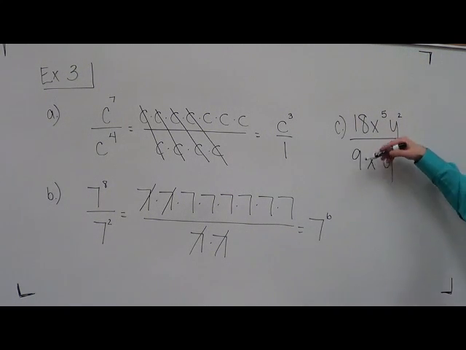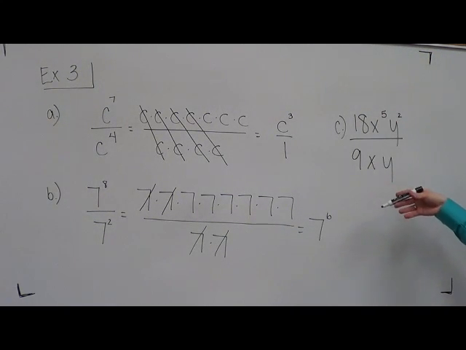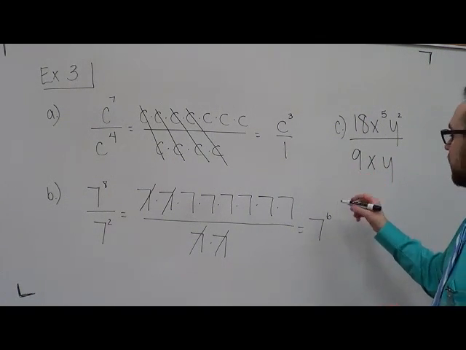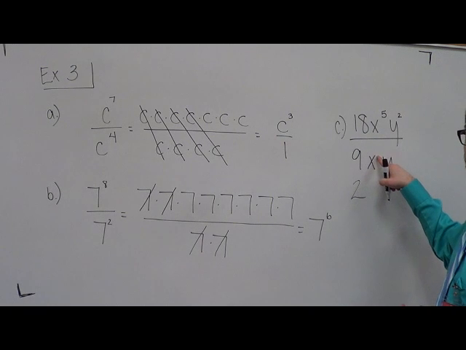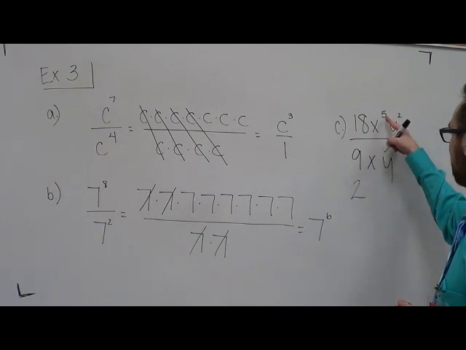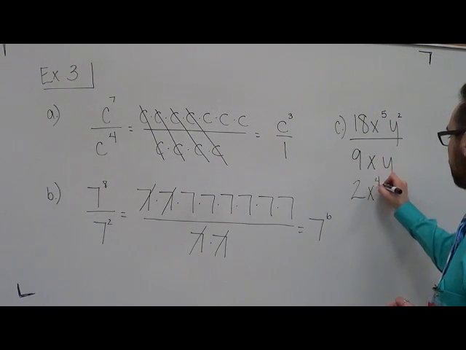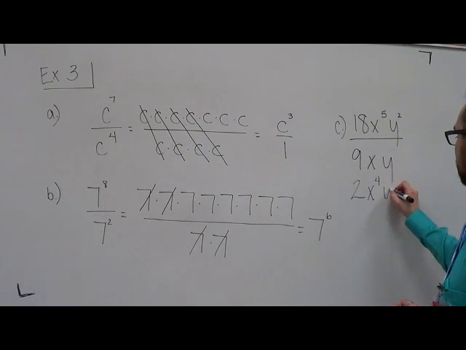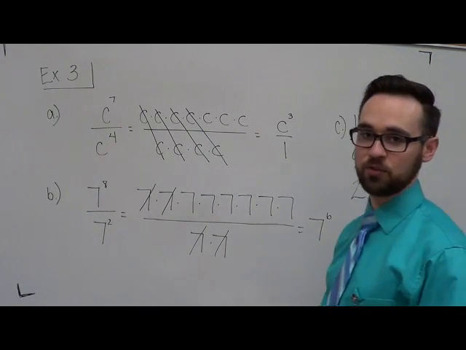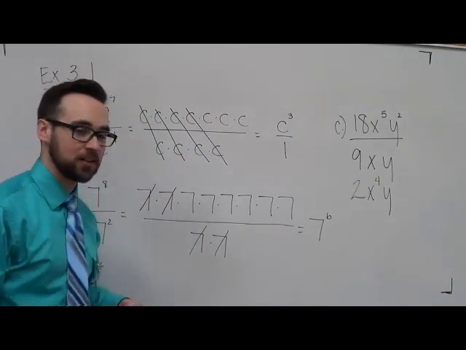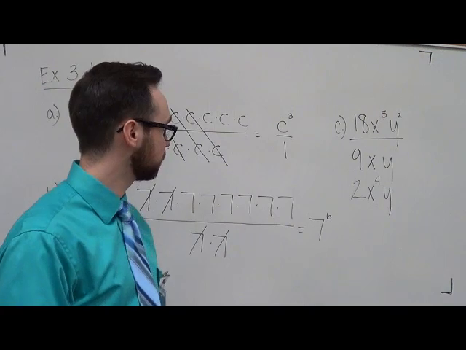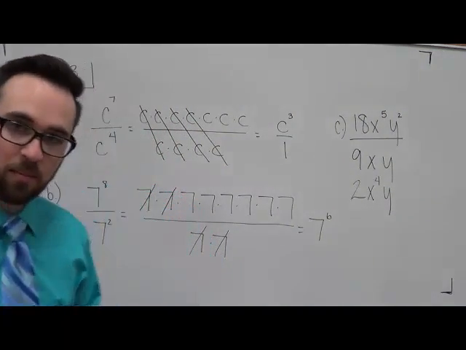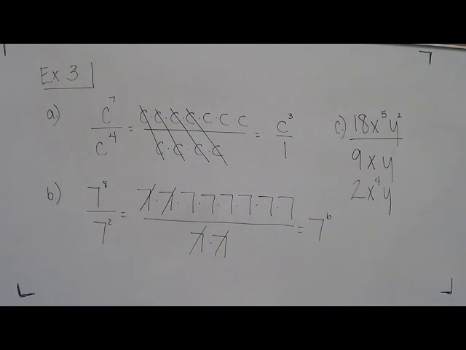Again, 18 and 9 are different, but you can just go ahead and divide them. 18 divided by 9 gives us 2. X to the 5th over x, remember this is to the first, so that's going to be 5 minus 1, x to the 4th. 2 minus 1 is 1, or just y to the first. So then we end up with 2x to the fourth y, and that's our answer. Again, that's as complicated as it's going to get for now, and it's not even that hard.